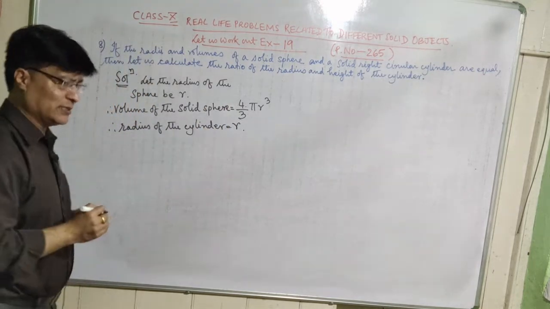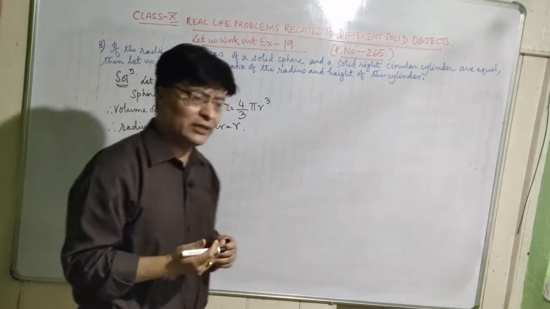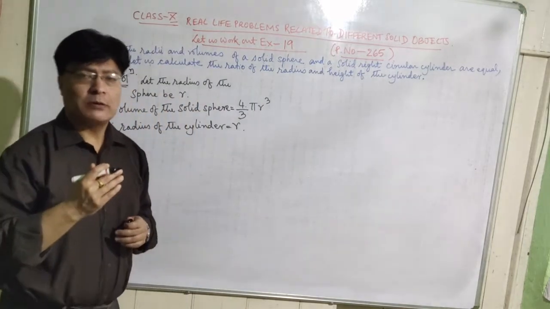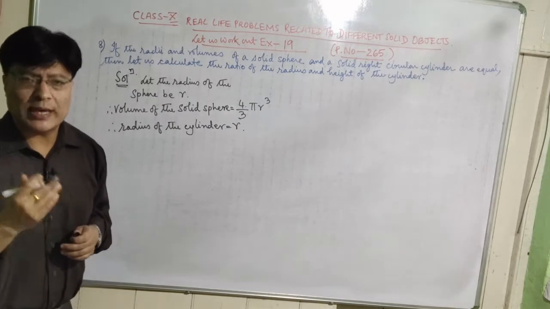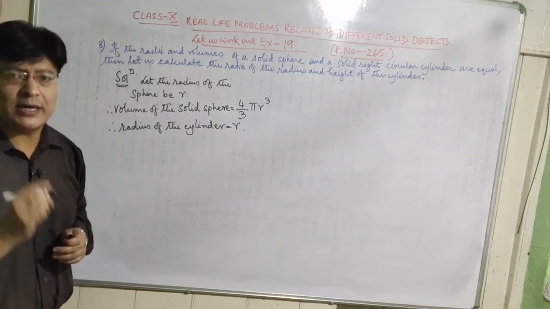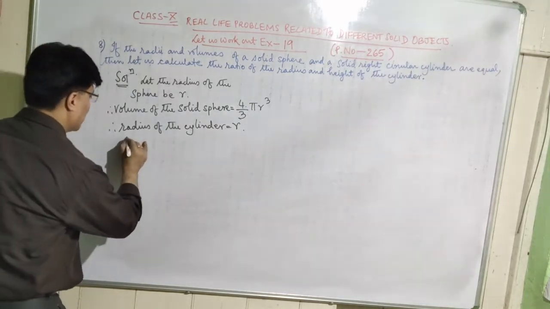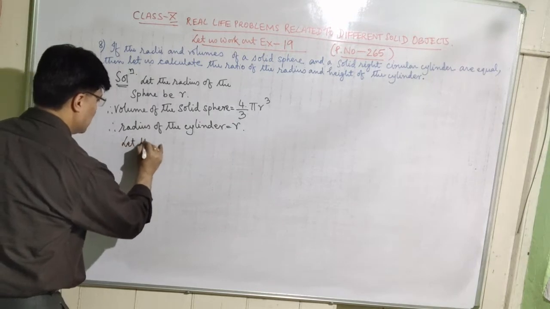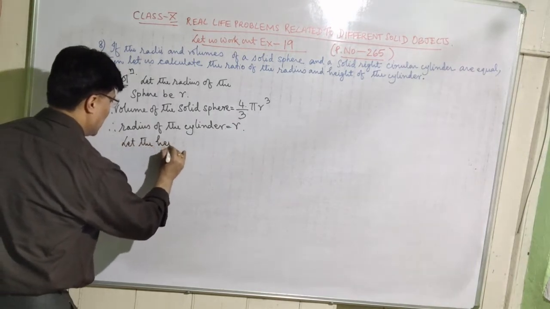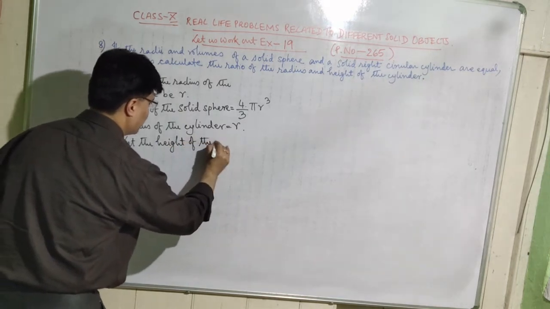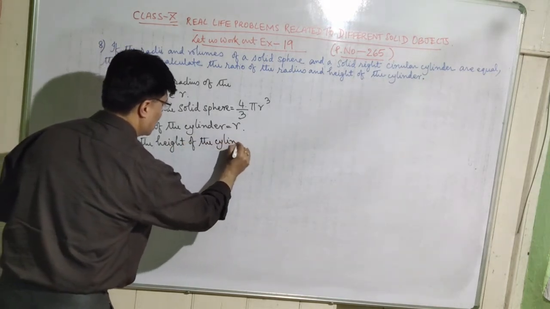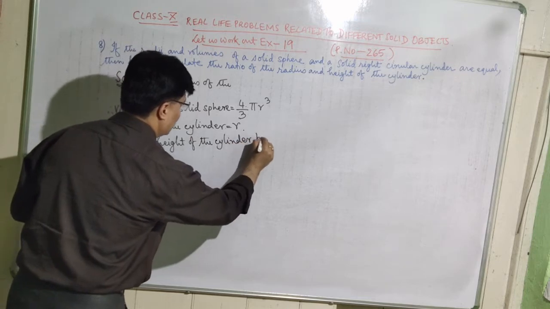Now for the cylinder you have to find out the volume. In order to find the volume of the cylinder, you should know the height of the cylinder also. Let us assume the height of the cylinder be h.